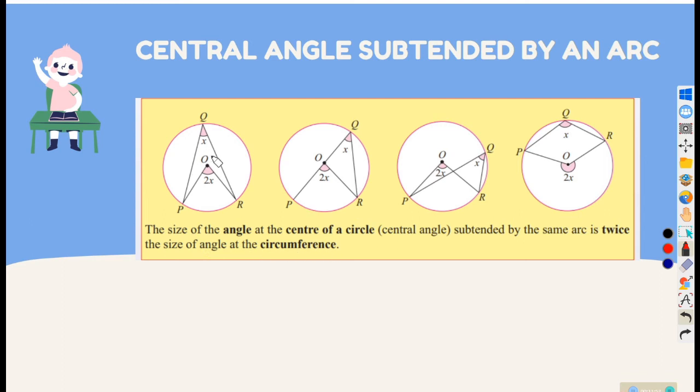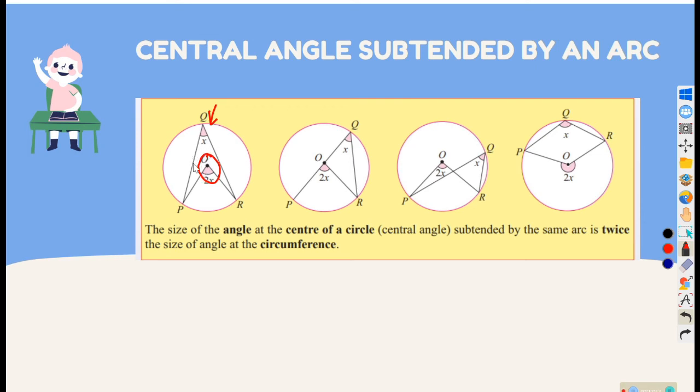So remember, the angle at the center here is twice the size of the angle at the circumference, by the same arc.